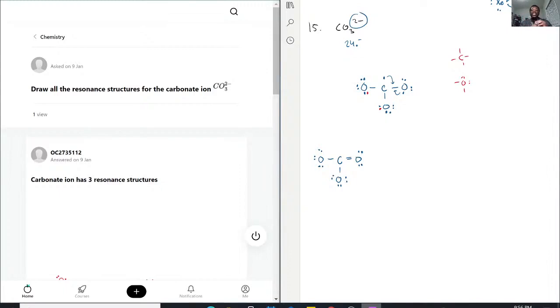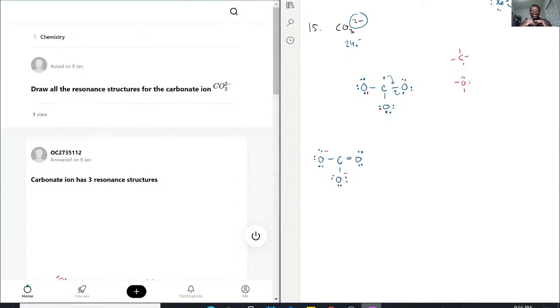The other 2 oxygens have gone ahead to replace a bond with a lone pair. When you do that, you become more negative. You've now taken a negative step. So each of these oxygens has a formal charge of -1. And it makes sense because the whole molecule has a 2 minus charge. This is where it's coming from.